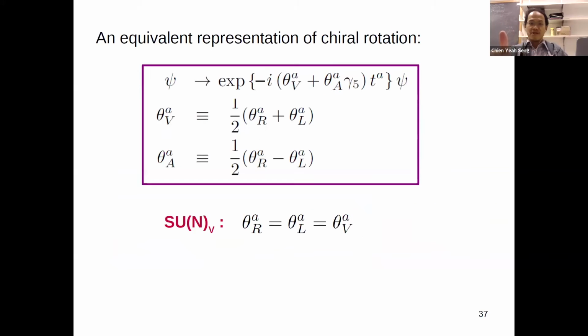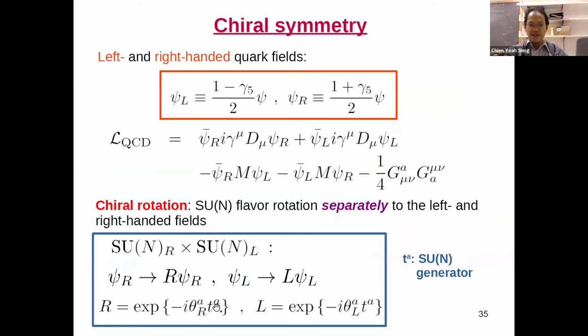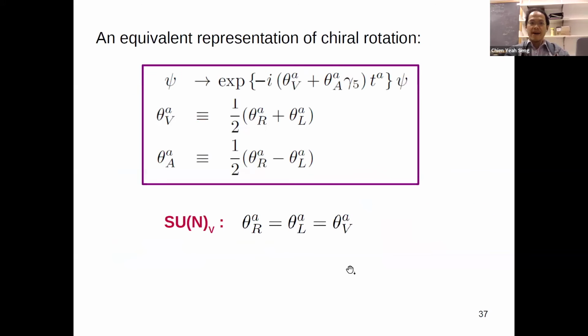And then, of course, we can have an equivalent representation of chiral rotation. So just now we introduced the independent rotational parameters, theta R and theta L. We can linearly combine them to form theta V and theta A. And then if you take theta A equals 0, namely theta R equals theta L, then we reduce to the ordinary flavor transformation that we mentioned before.